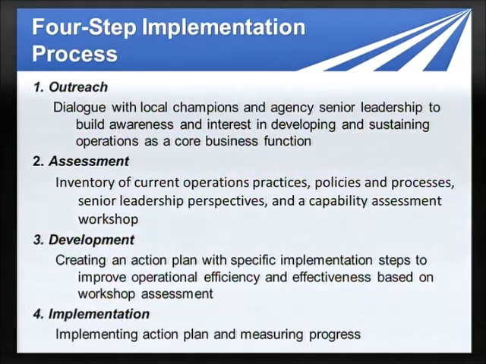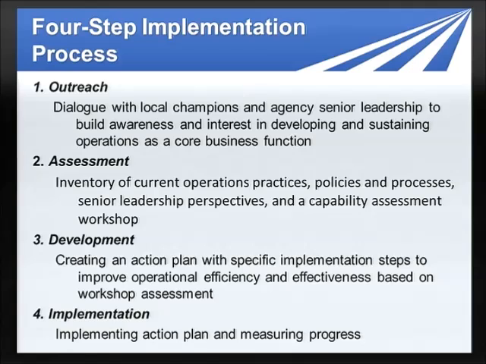Right, and Jeff mentioned the implementation program that's underway right now. AASHTO and FHWA have been working across the country on the SHRP 2 Implementation Assistance Program with a team of consultants working with 27 different state DOTs or local agencies, MPOs around the country to implement this L06 Organizing for Reliability product.